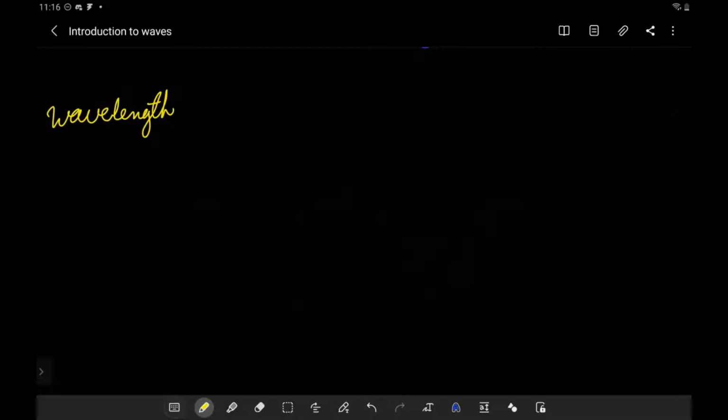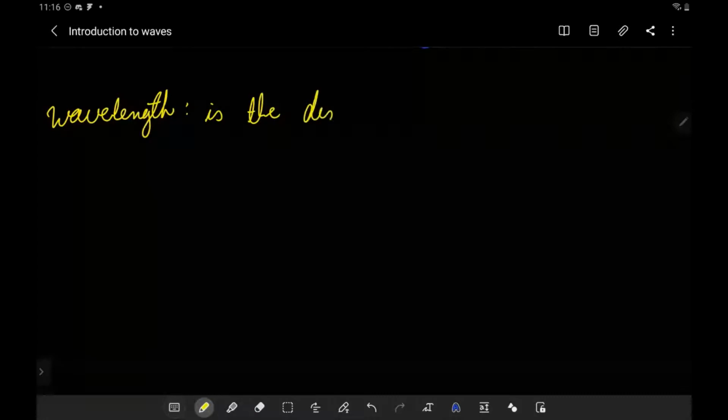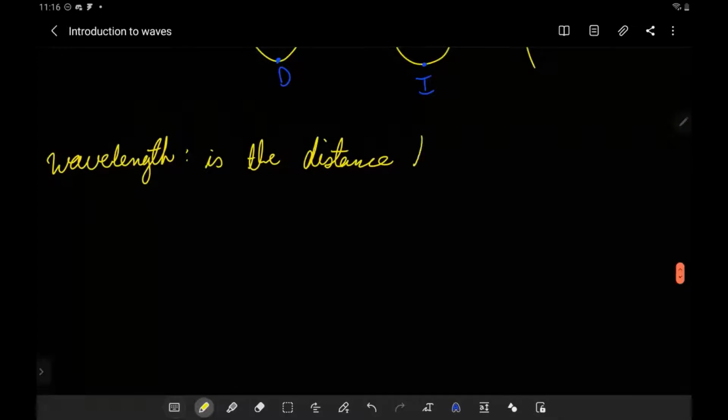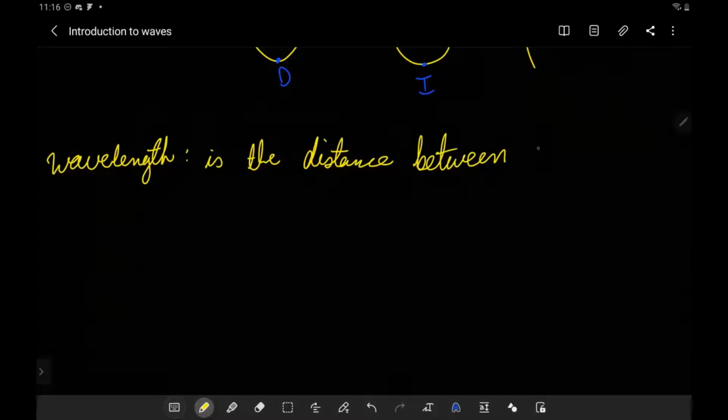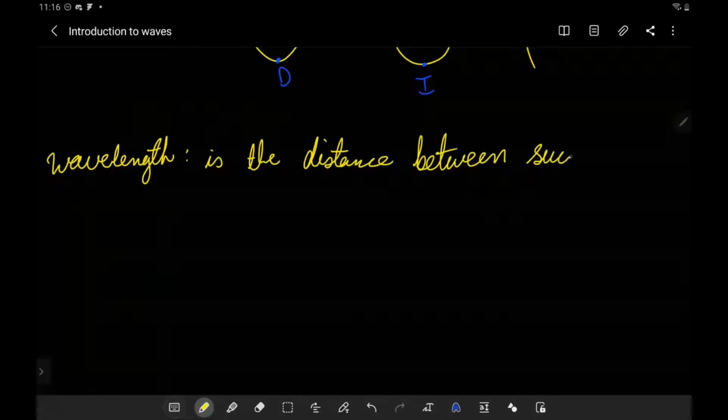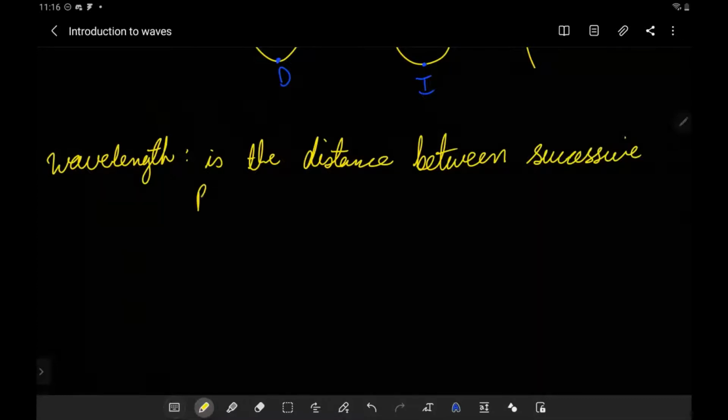The wavelength is the distance between successive points.